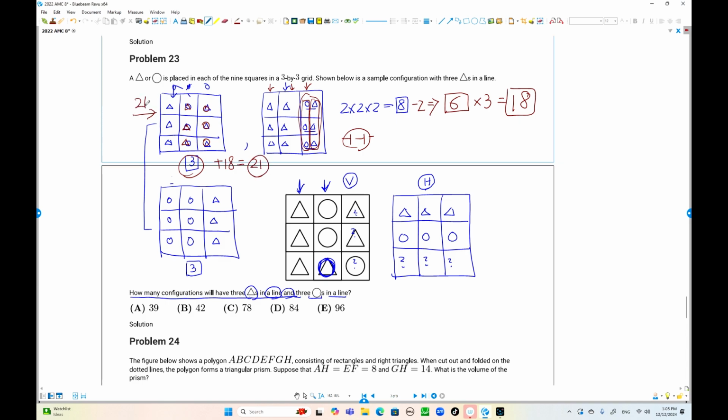This case is 21. This is the same situation, another 21, the total is 42. This vertical type is 42. The horizontal type is also 42, so times 2 equals 84 is the answer.